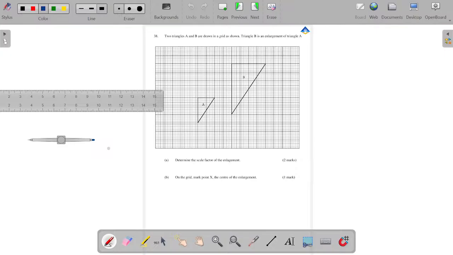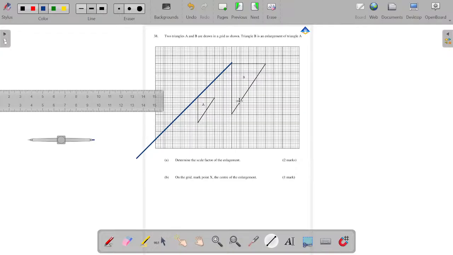How to determine the scale factor of enlargement? Join corresponding points and extend them. For example, I join this point. Sorry, Control Z. I want to join this point here and its corresponding point, and I'll extend like that.